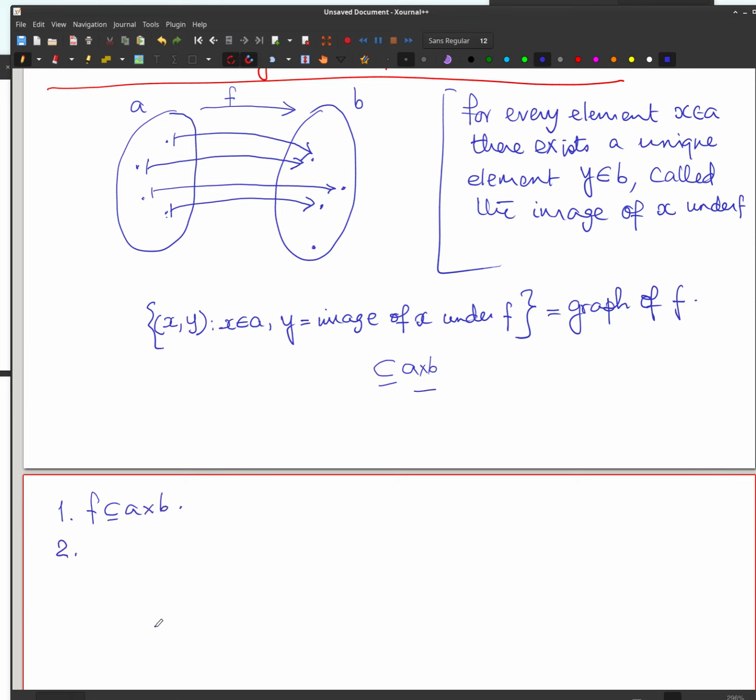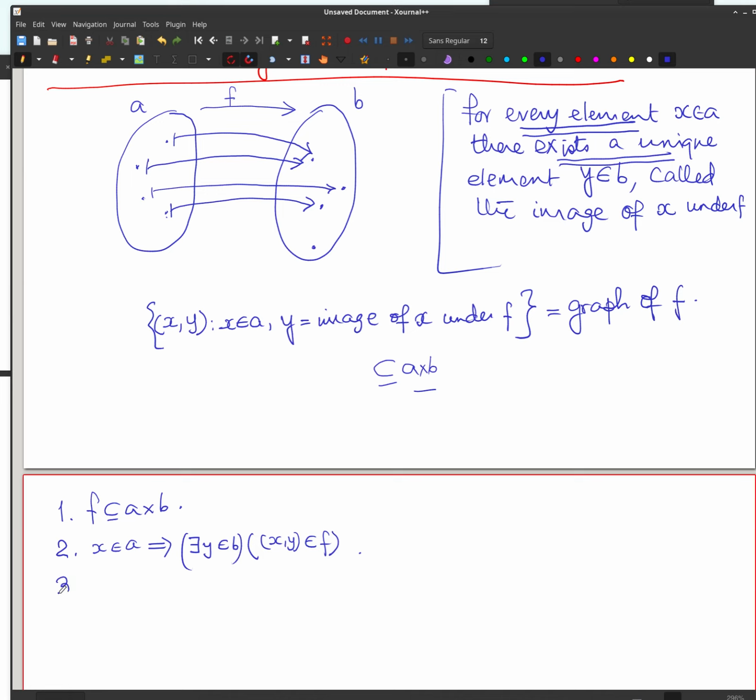Now, what kind of subset? You must have for every element x belongs to A implies that there exists a y belongs to B such that the ordered pair (x, y) is a member of F. Now you will say that there exists a unique such.